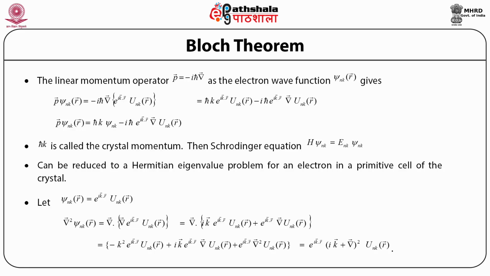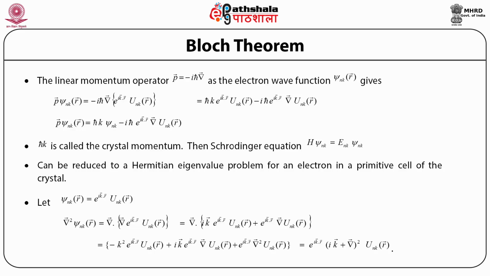Then the Schrodinger equation H psi_nk = E_nk psi_nk can be reduced to a Hermitian eigenvalue problem for an electron in a primitive cell of the crystal. How can it be done? It can be done by noting that, by Bloch's theorem, psi_nk(r) can be written as e^(ik·r) u_nk(r).